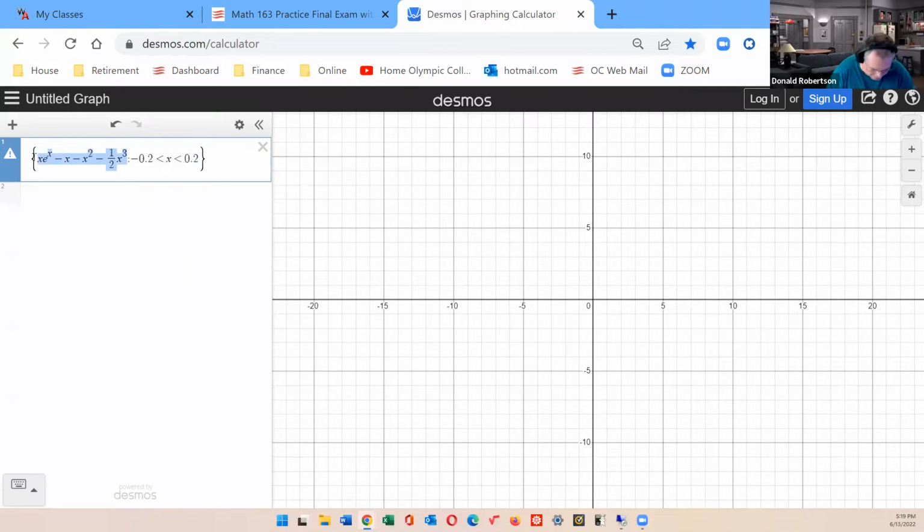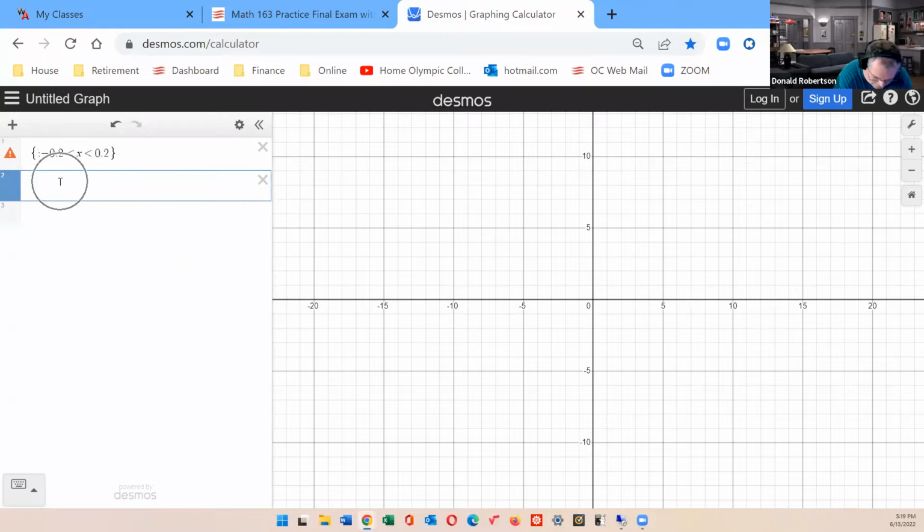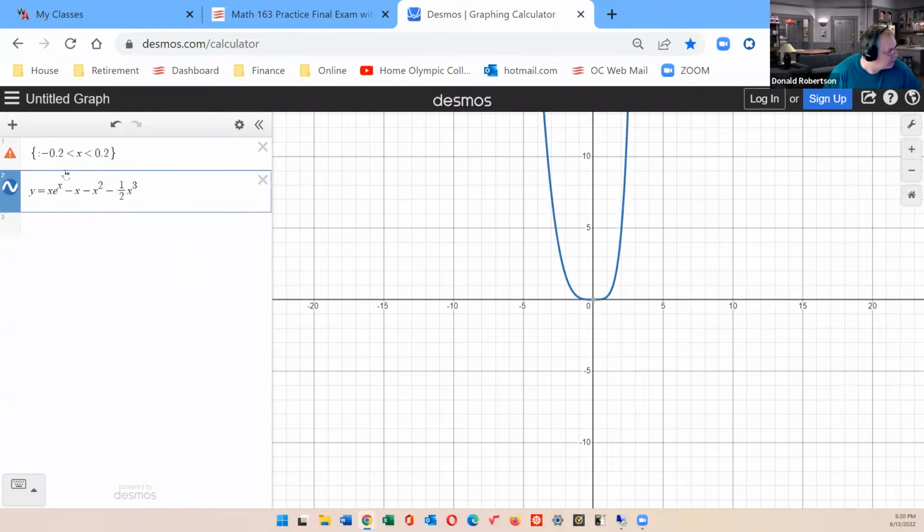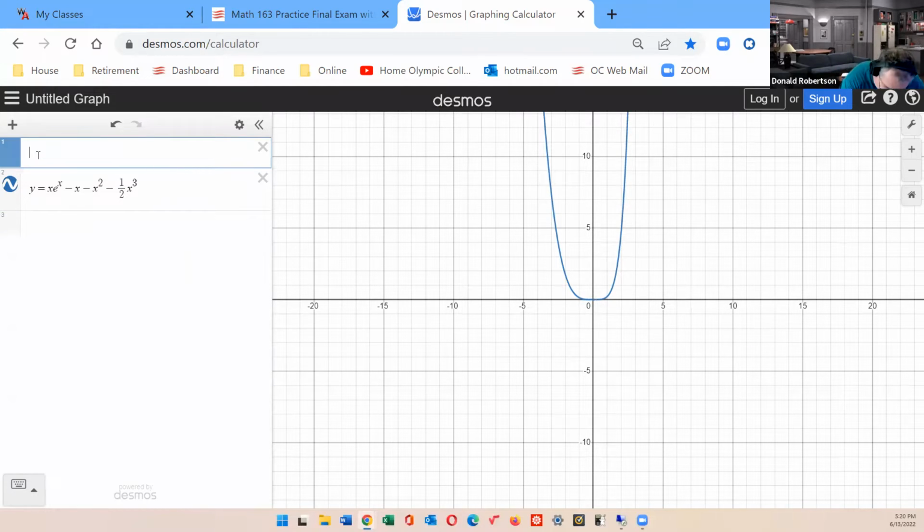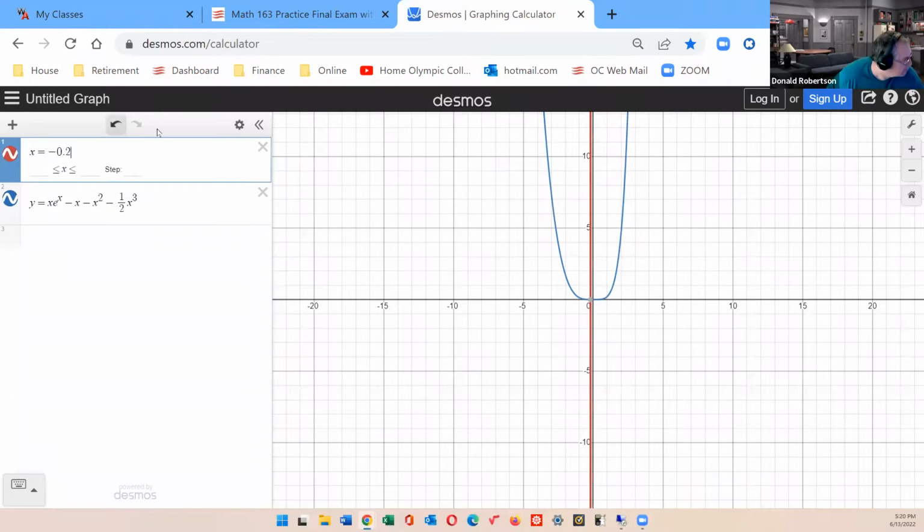Not quite as pretty, but x, put a y equals, which is the remainder function. There we go. I'm only interested in x equals -0.2. And where's the other one?